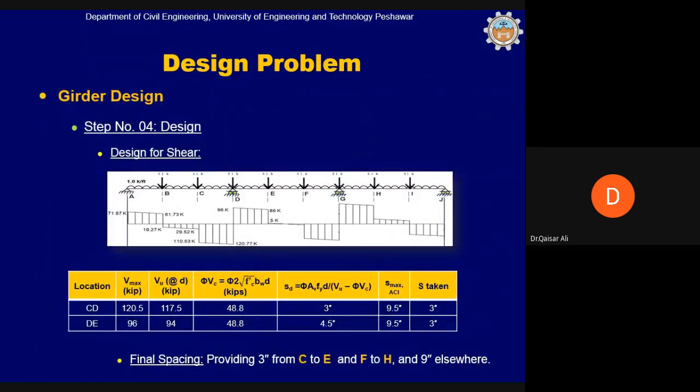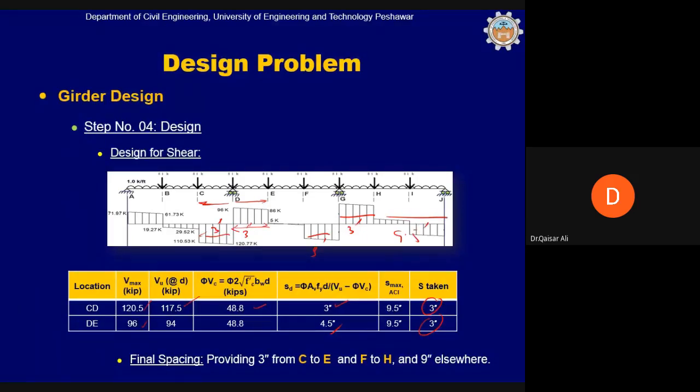Okay, so C to D and D to E, we have 120.5 and 96. Critical shear is now 119, so spacing comes out to be 3 inch. For D to E it comes out to be 4.5 inch, but finally we will select 3 inch on both sides in order to avoid too much variation in spacing. 3 inch here, 3 inch also here, and the rest 9.5 inch.